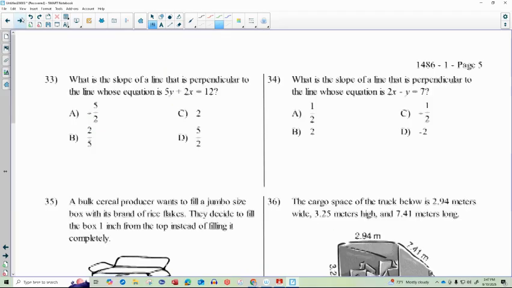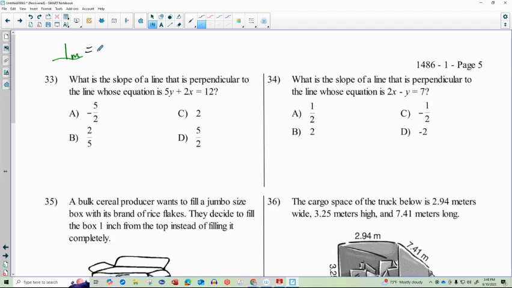All right. Proceeding along. Okay. 33 and 34 have to do with something very important that we spoke about this year, which is perpendicular slope. That's how I like to write it. Perpendicular is the upside down T, and m means slope.